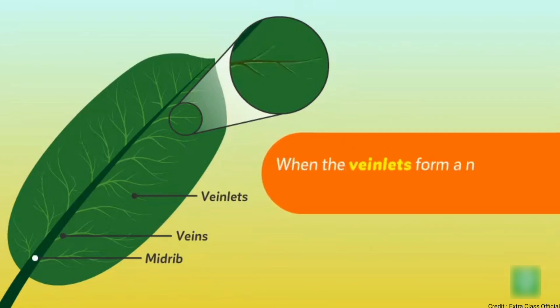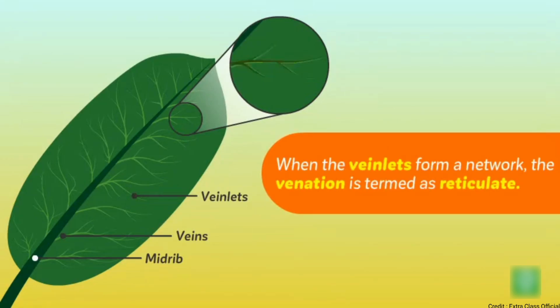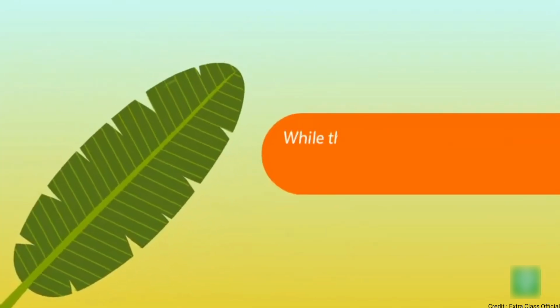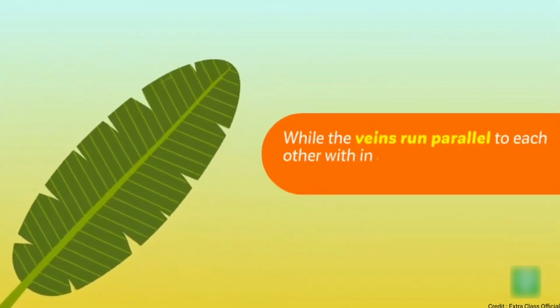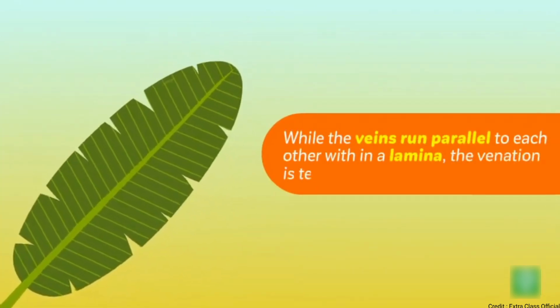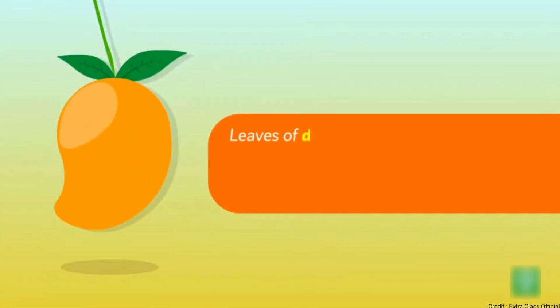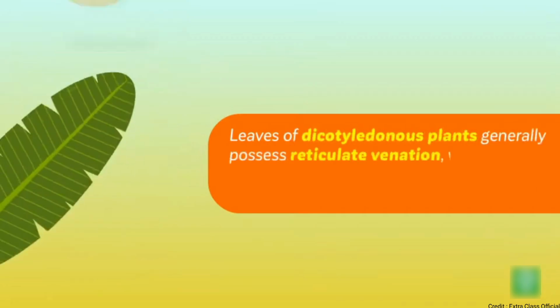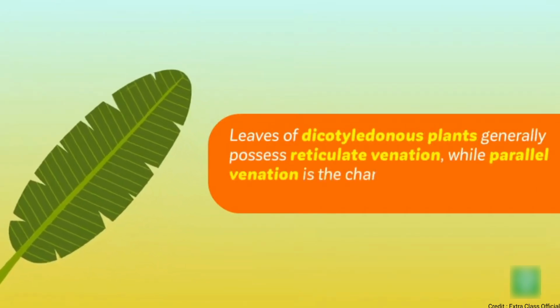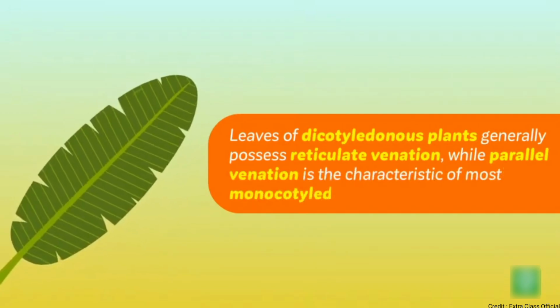When the veinlets form a network, the venation is termed as reticulate. While if the veins run parallel to each other within a lamina, the venation is termed as parallel. Leaves of dicotyledonous plants generally possess reticulate venation, while parallel venation is the characteristic of most monocotyledons.